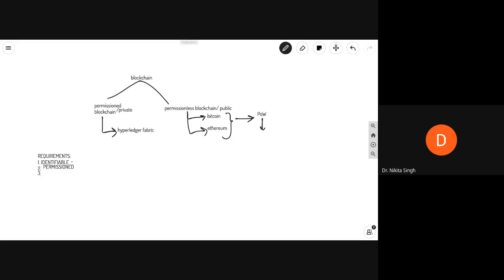Then there should be high transaction throughput. We should have high throughput, that is, a high amount of transactions should go through. The next requirement is that there should be low latency. There should not be a lot of lag in the network.